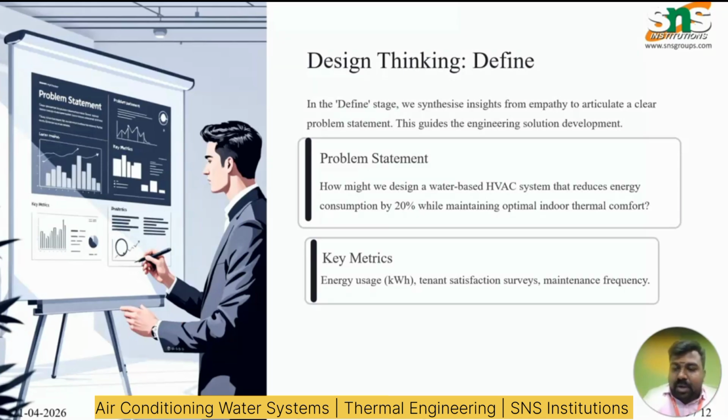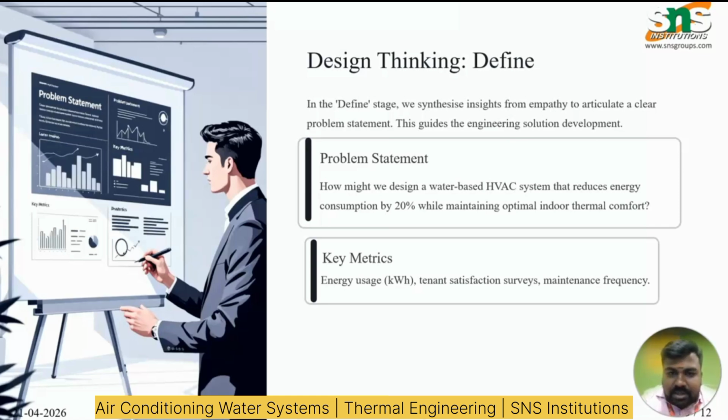For this problem identification, in the design thinking define stage, we can give a solution for that problem. In the define stage, we synthesize the insights from the empathy stage to articulate a clear problem statement. This guides the engineering solution development.